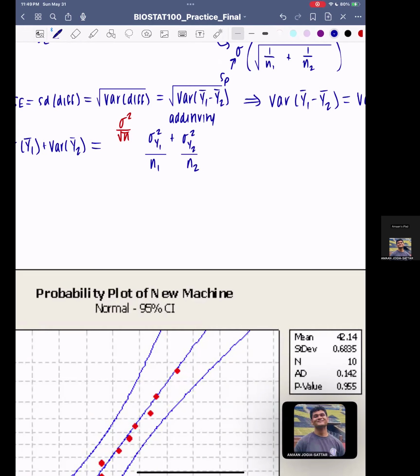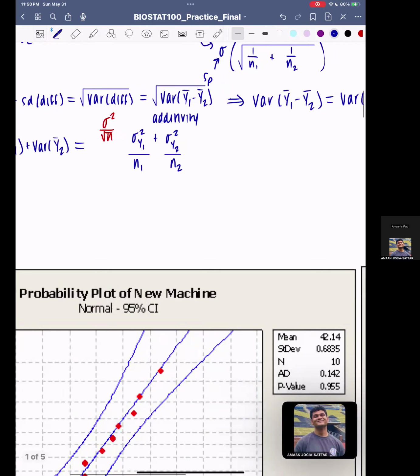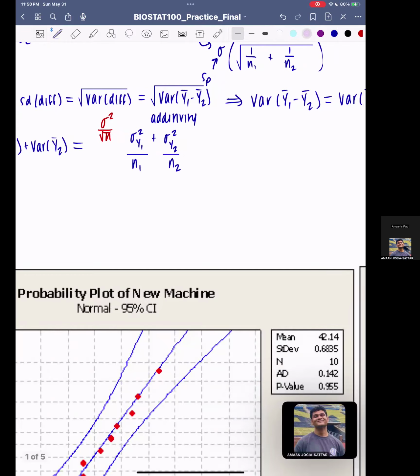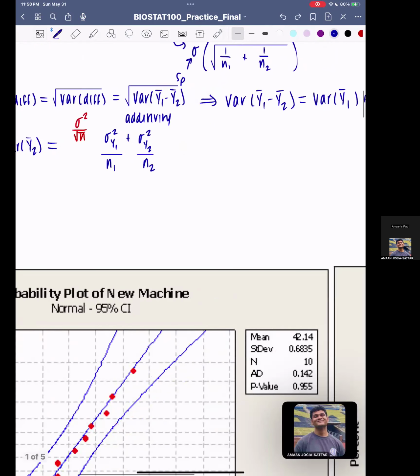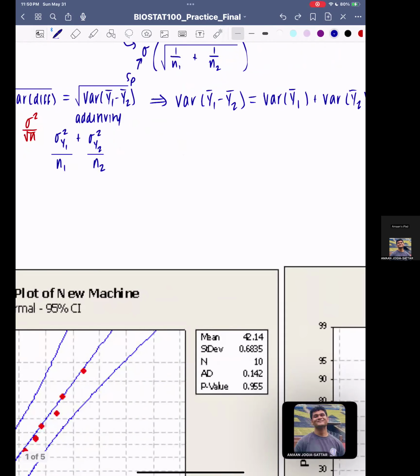But remember here that we assumed homogeneity of variance. These should be equal. So what I'm going to do is I'm going to call it sigma squared p for pooled over n1. We can't combine it because remember our denominators are different. So we have this.